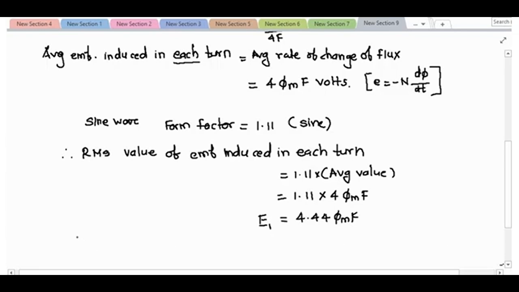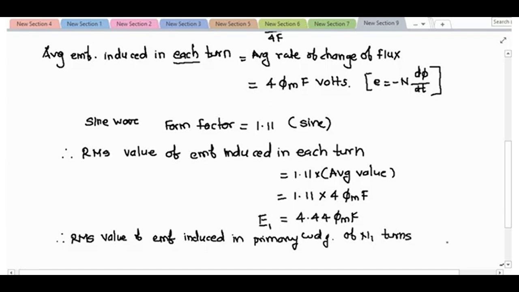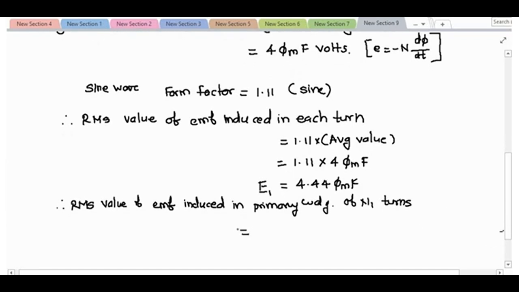Now, if the transformer primary has N1 number of turns, therefore I can write the RMS value of EMF induced in the primary winding of N1 turns, E1, equals the induced EMF per turn into the number of primary turns.